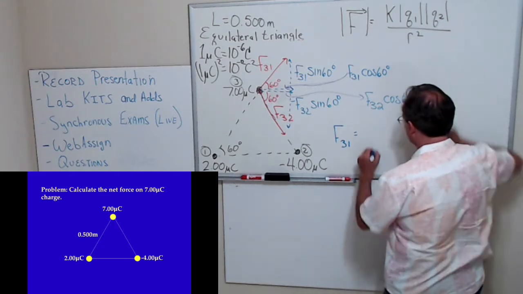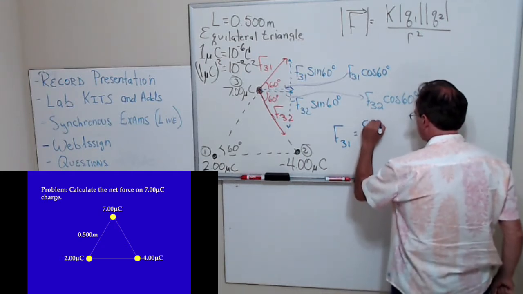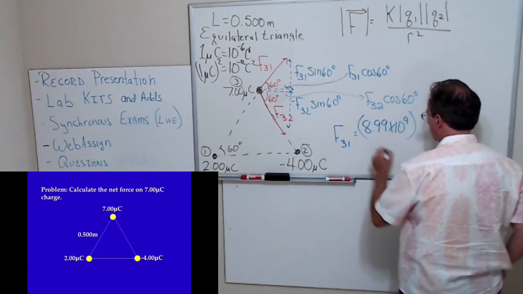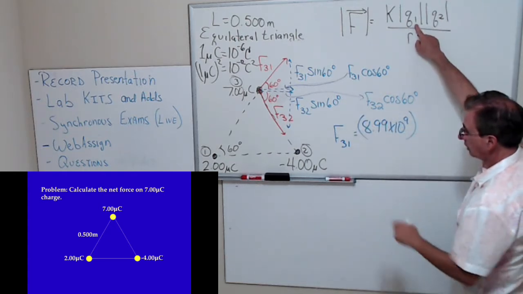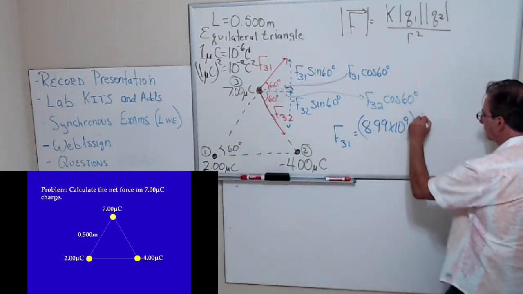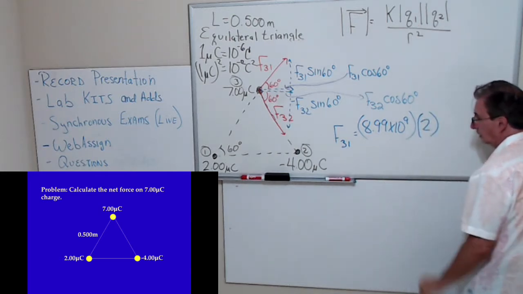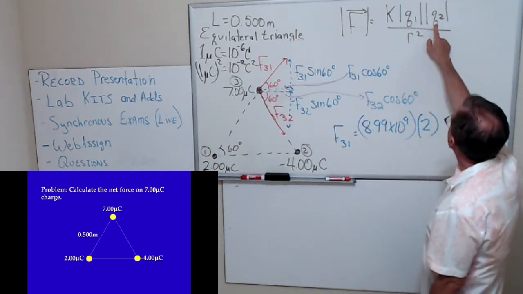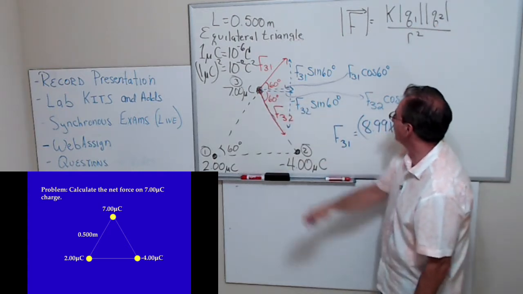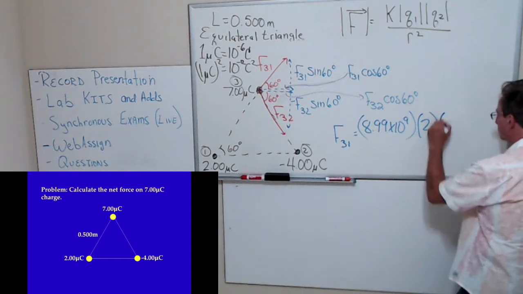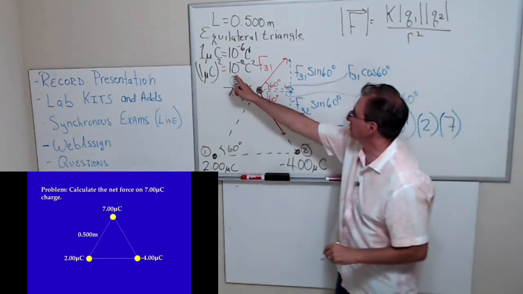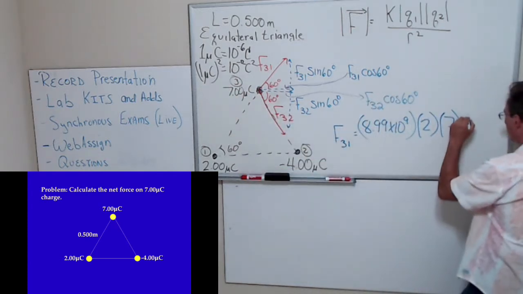So let me put in what K is. Q1 is 2 microcoulombs. I'm only going to put 2 here. Q3 is 7 microcoulombs. And I know that the conversion here is 10 to the minus 12, so I'm going to put 10 to the minus 12 here.